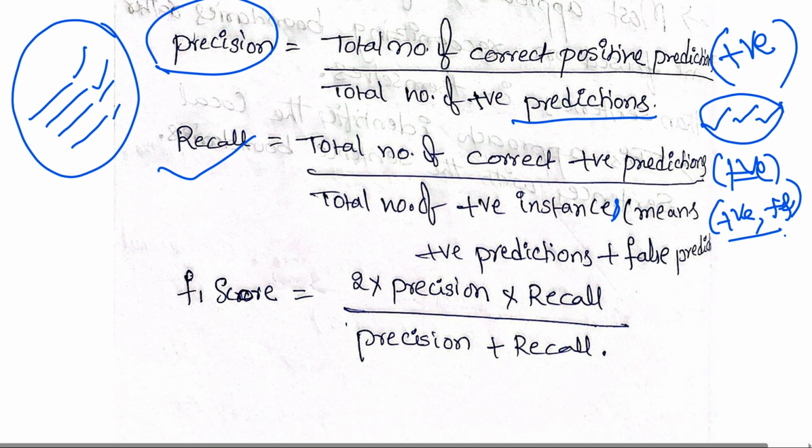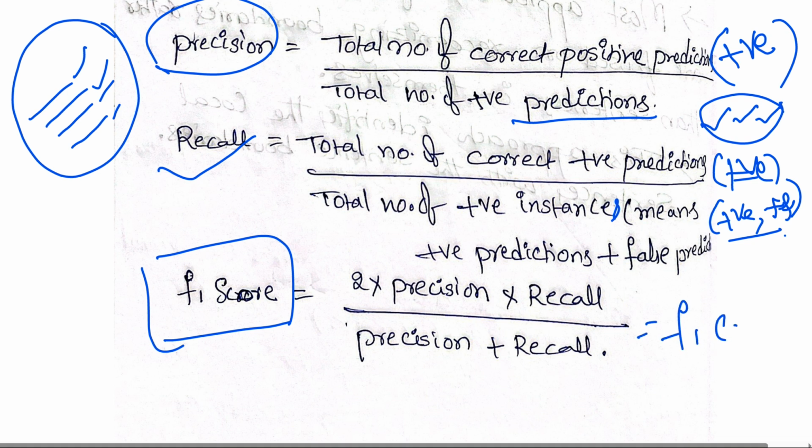Finally, the F1 score. After calculating precision and recall, you can calculate the F1 score from these two metrics: 2 multiplied by precision multiplied by recall, divided by precision plus recall.